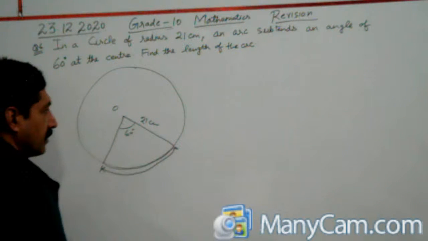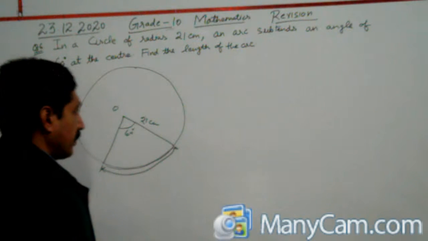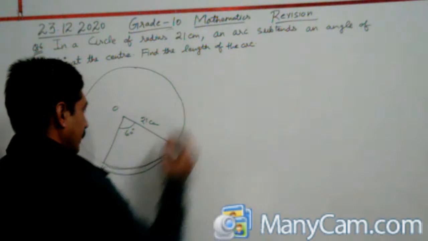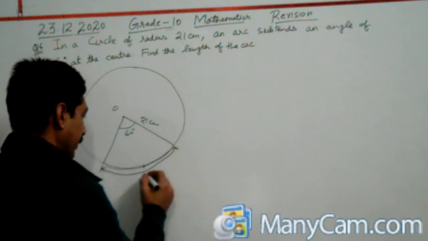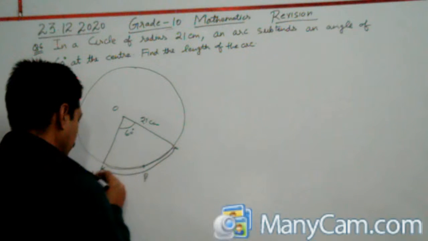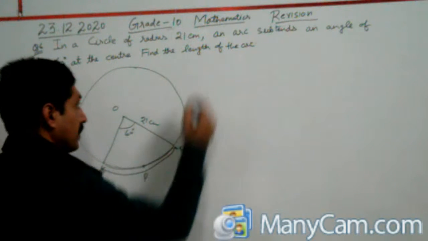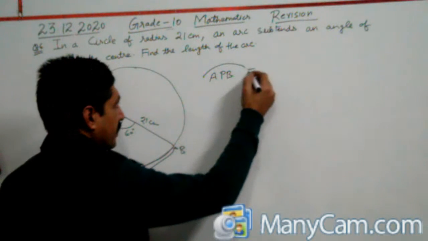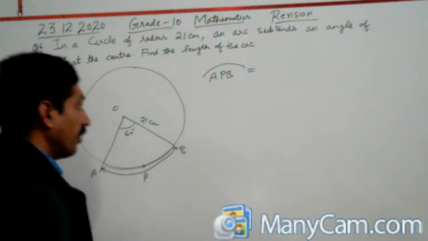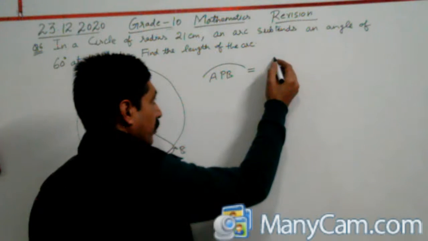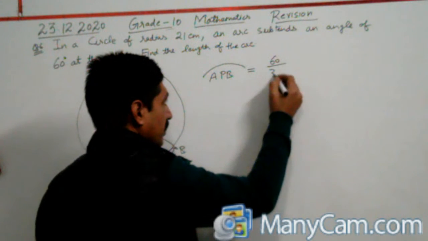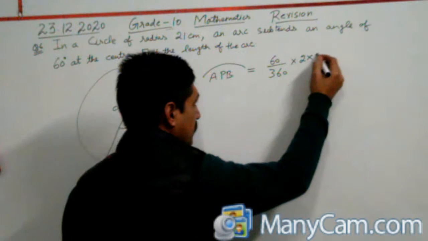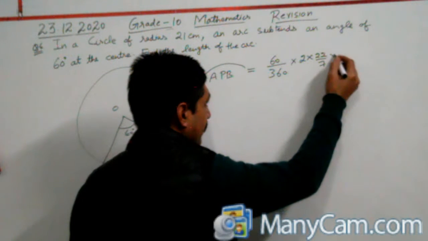So we know that the complete circle is 2 pi r. So the length of the arc, with point P here, A P B, the length of A P B is equal to theta upon 360 into 2 pi r, that is 60 upon 360 into 2 pi r. 2 pi is 2 into 22 by 7, r is 21.